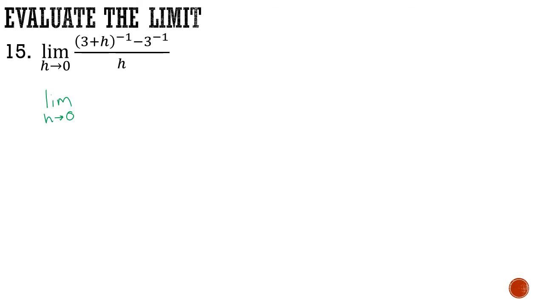Rewrite 3 plus h to the -1 as 1 over 3 plus h, minus 3 to the -1, which is 1/3. So again, you have a complex fraction. We're going to follow the same steps. The first thing that I'm going to do is subtract that numerator so that I have one fraction. So I need to get a common denominator. The common denominator is going to be 3 times 3 plus h.